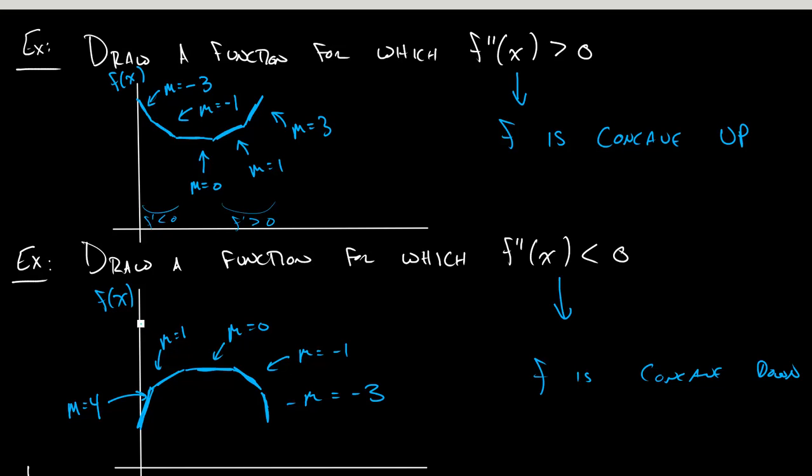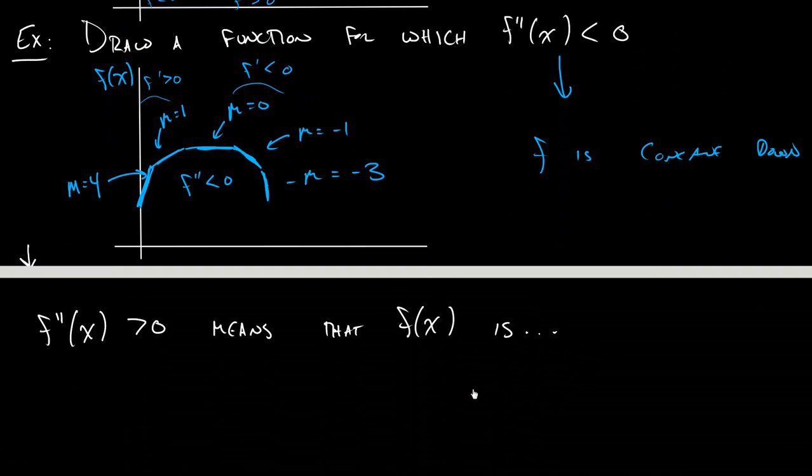And similarly down here, we can have f prime being greater than 0 for this part, and then for this part, f prime is less than 0, right? And in this one, f double prime is less than 0, and in that one, f double prime is greater than 0, right? So we can have different values of f prime on the same graph, even though f double prime is constant throughout the whole time. It's always greater than 0.